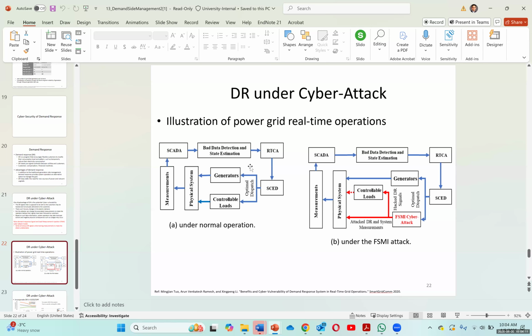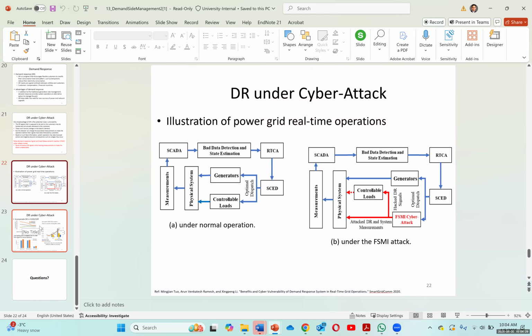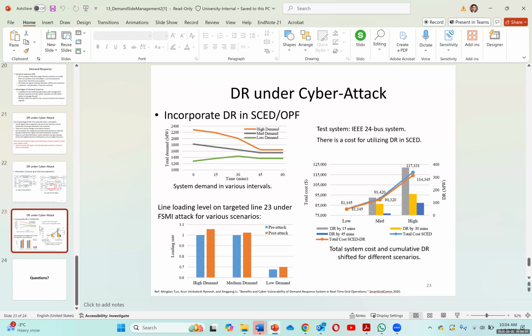So for example, it would send a false measurement, and the operator will think that on the load side, it has turned off the AC unit while the AC unit is still running. So you would have higher load than the operator would see. So this is a DR under cyber attack.